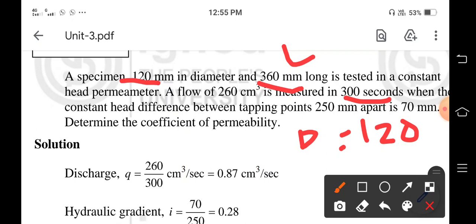Then here the difference between the tapping points, that is 250 mm apart is 70 mm.